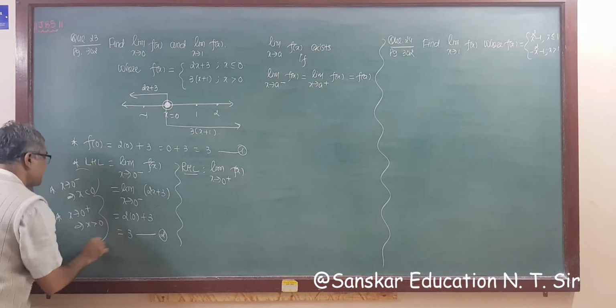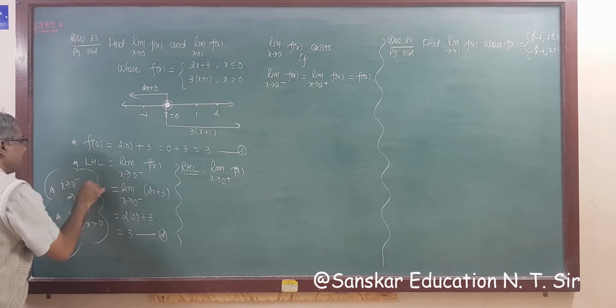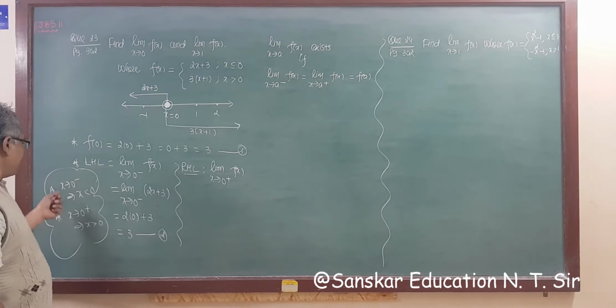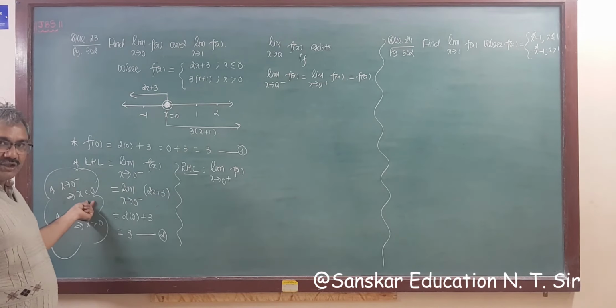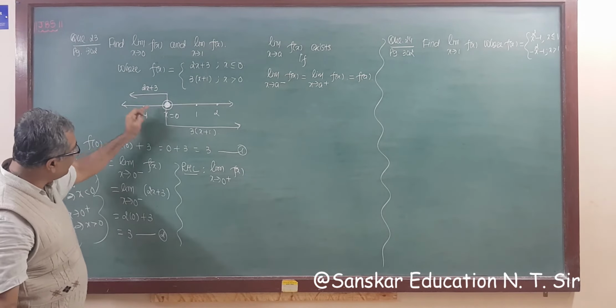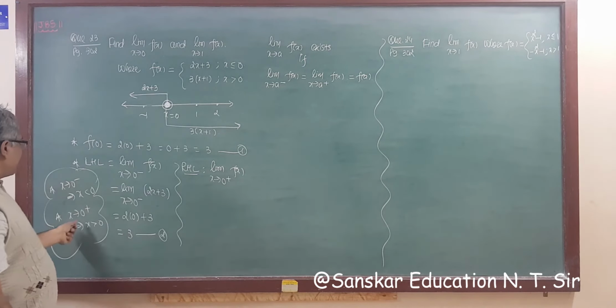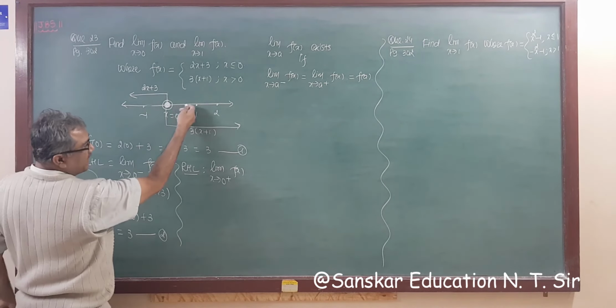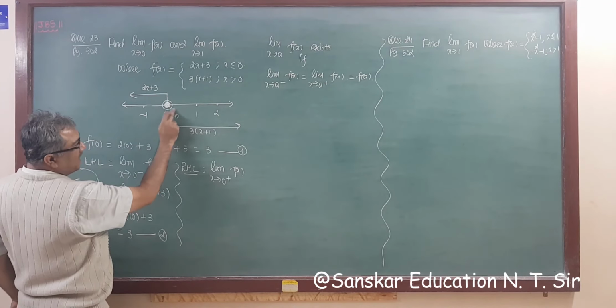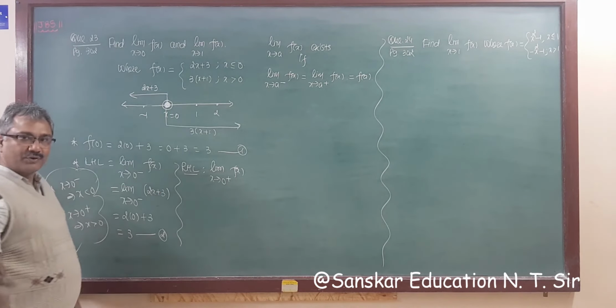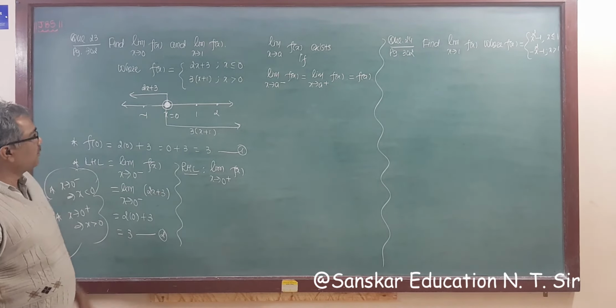As we discussed in lecture number 1, that is the first video, x tends to 0 from right means this side, the value of x is greater than 0. Got it?